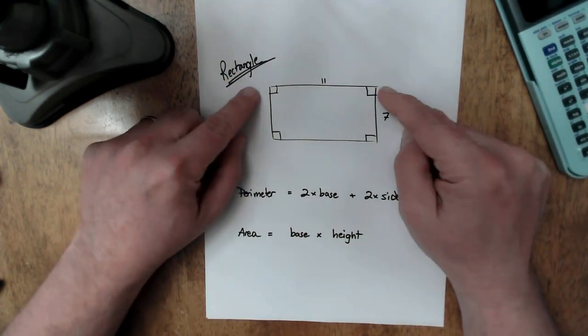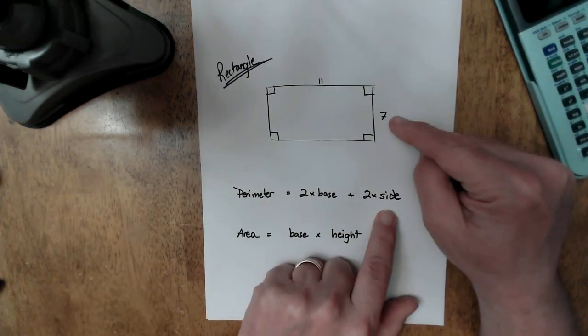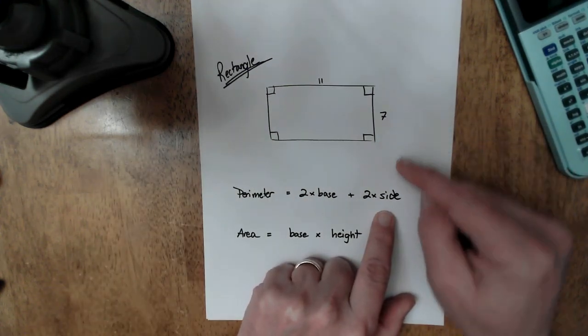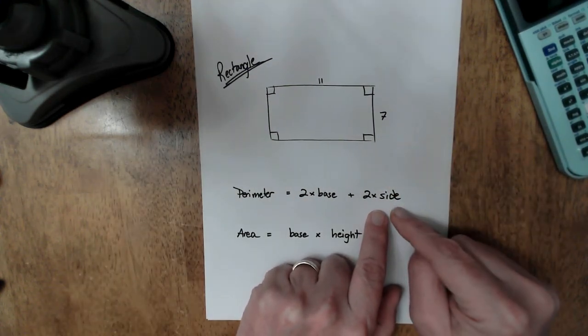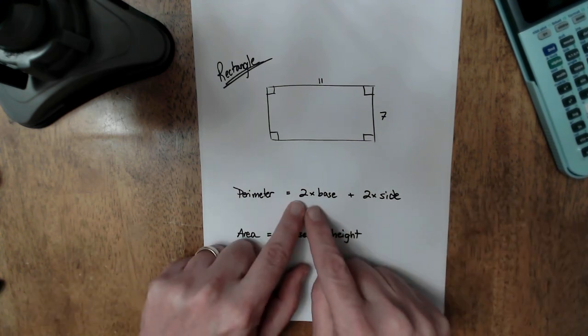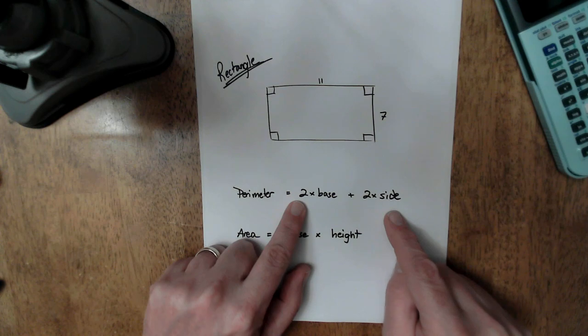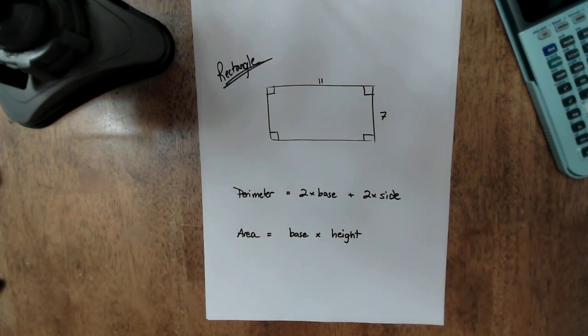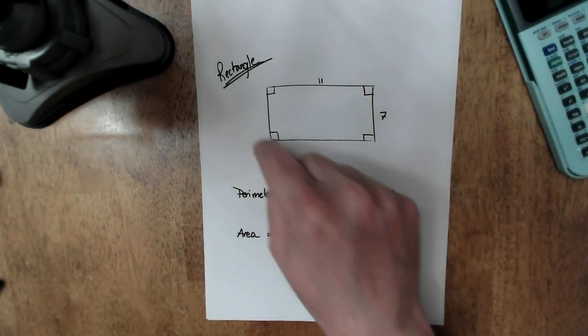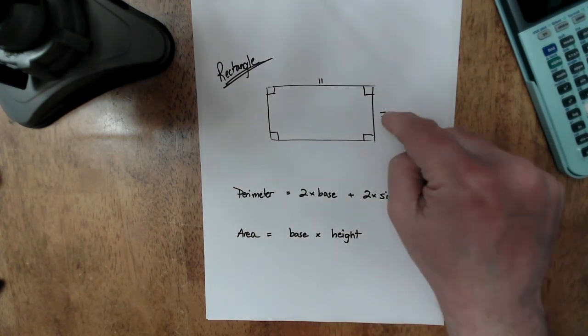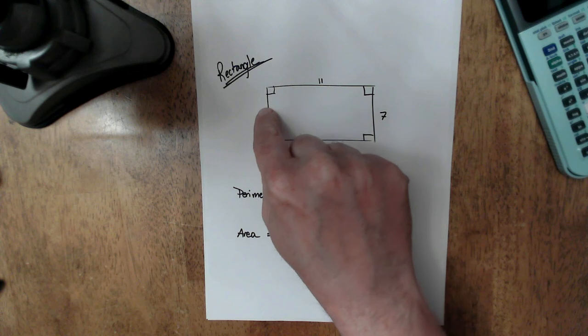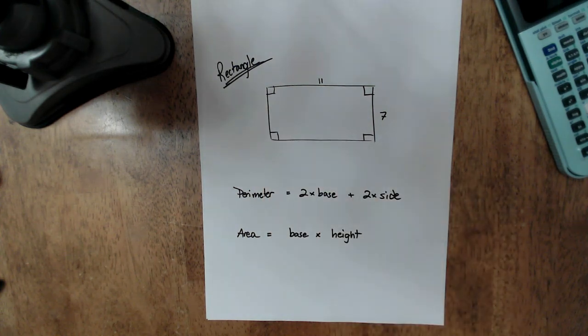And then you've got the side pieces, 7 each in this case. So 2 times 7, which would be 14. So you've got 22 plus 14, and that would be 36. And that's how you would figure out the perimeter. Or you can simply go 7 plus 11 plus 7 plus 11. Both get you the same answer, 36. So the perimeter is pretty simple in that regard.